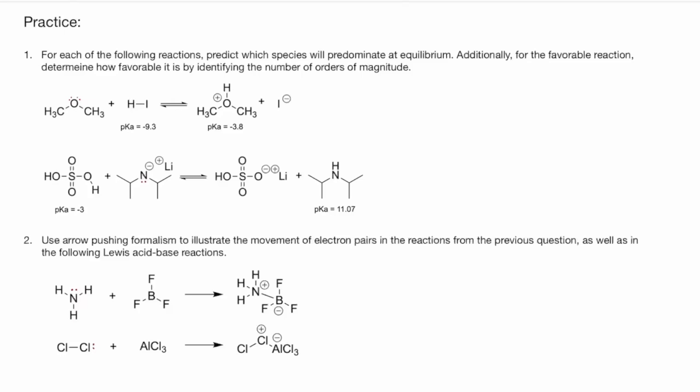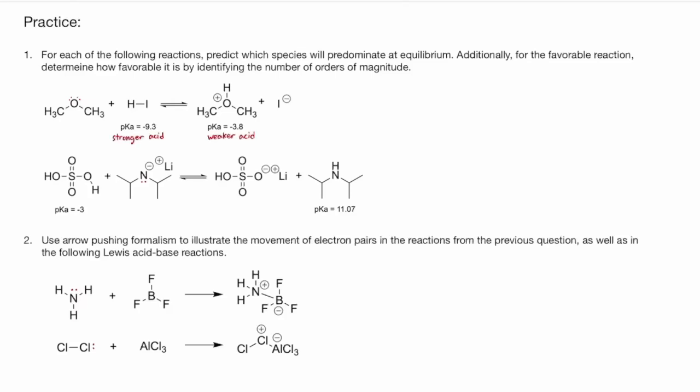We can use the pKa values of the acid and conjugate acid in the forward reaction to predict which direction the reaction favors. The pKa of the acid, hydrogen iodide, is negative 9.3, and the pKa of the conjugate acid, protonated dimethyl ether, is negative 3.8. In the forward reaction, we're going up in pKa value as we go from the stronger acid to the weaker acid.